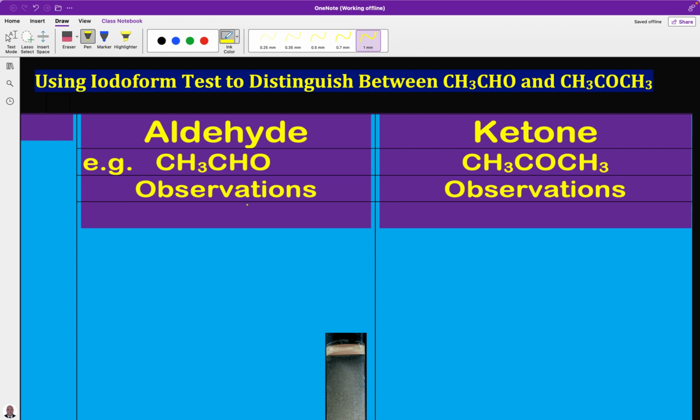Secondary alcohols are oxidized to ketone, and a methyl ketone will give a positive test with the iodoform test. So this reaction will give a yellow precipitate, and this other reaction will also give a yellow precipitate.